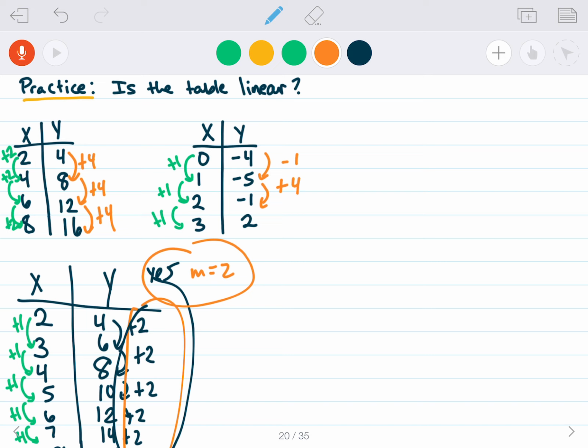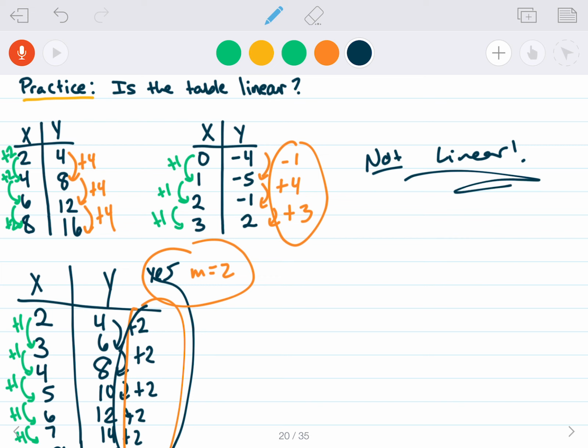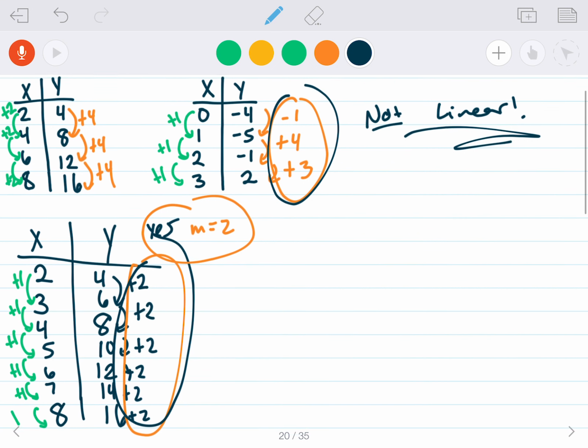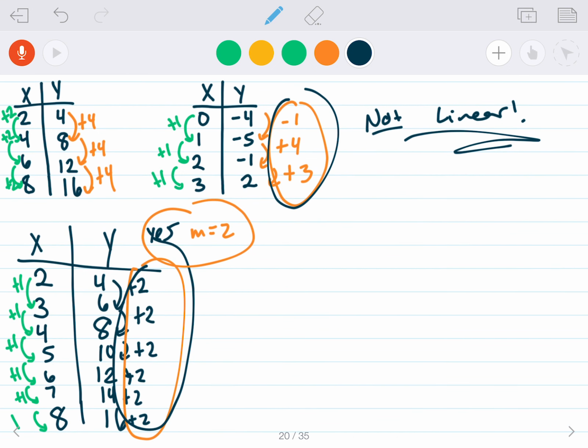Uh-oh, so that's a problem. -1 to 2, we're adding 3. So these numbers are not the same, so not linear. We don't have a constant slope, right? We don't have a constant rate of change here, so that's not linear.